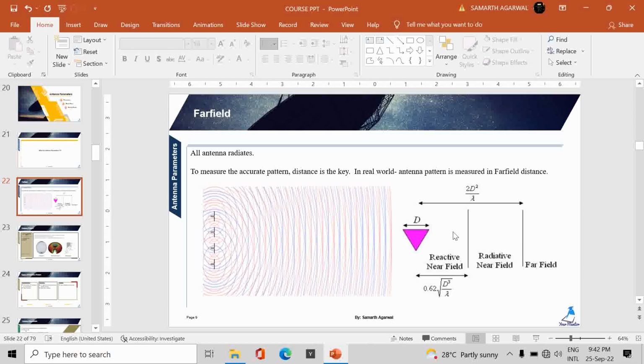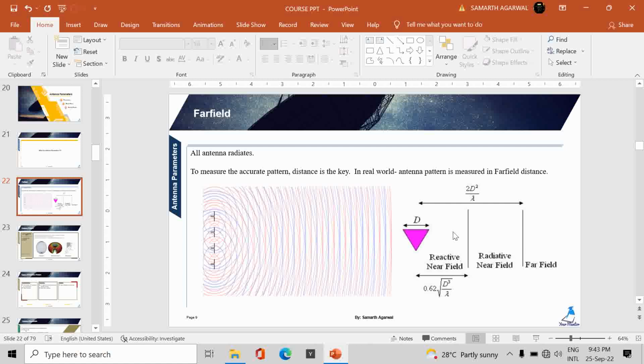Okay, regarding the far field, for wireless communication generally these parameters are measured in the far field region, but for EMI/EMC and lightning effect applications, measurements are done in the near field region. In the case of reactive and radiative fields, the fields that are propagating are not orthogonal, so it is not predetermined whether these fields are dominating or not.